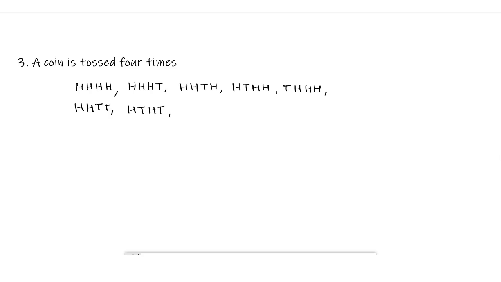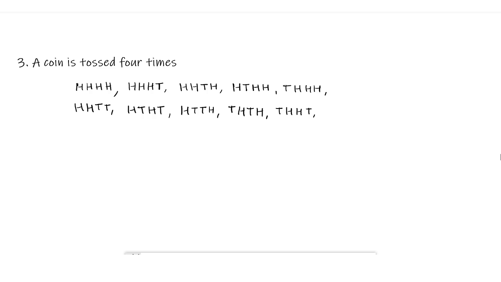Then in the first a head, in the second a tail, in the third a tail, and in the fourth a head. Then in the first a tail, in the second a head, in the third a tail, and in the fourth a head. Then in the first a tail, in the second a head, in the third a head, and in the fourth a tail.